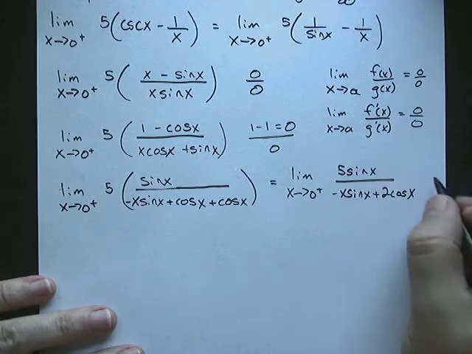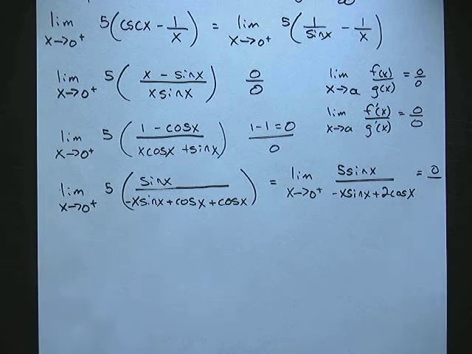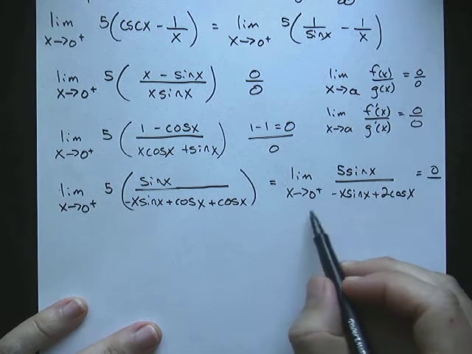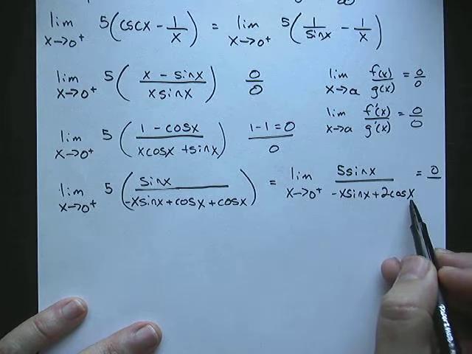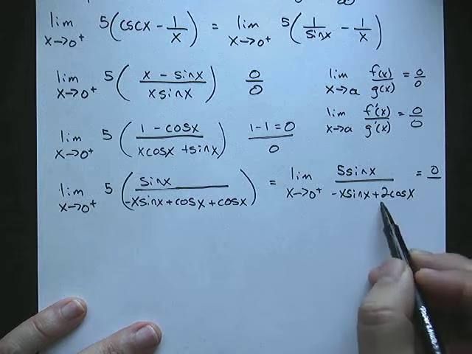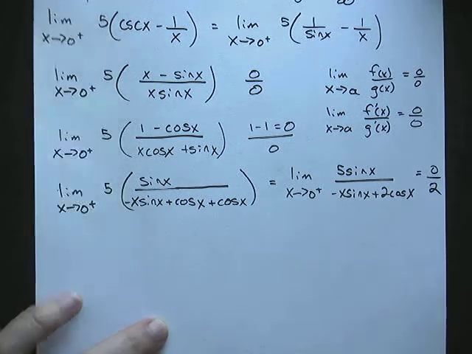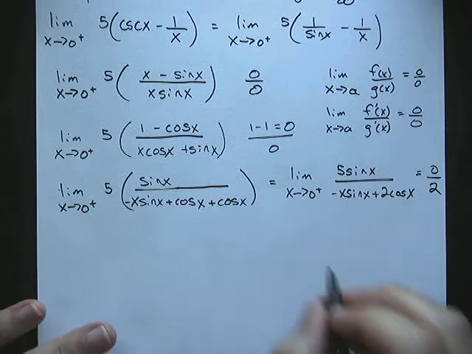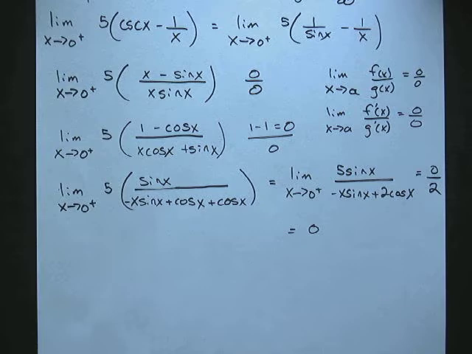So we get 0 on top. Let's see if the bottom also gives us 0, and we might have to try L'Hopital's again. So we plug in the 0. Of course, this term goes to 0, but cosine x of 0 is 1. So actually, the bottom, this one goes to 0, this term is 2. So 0 over 2 is an acceptable answer. That is 0. So the answer to this limit is 0.